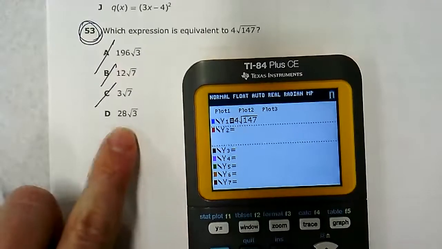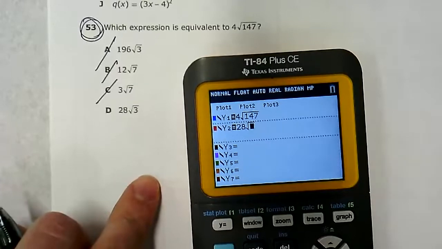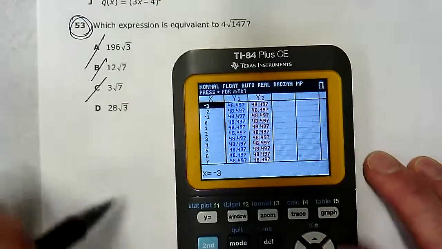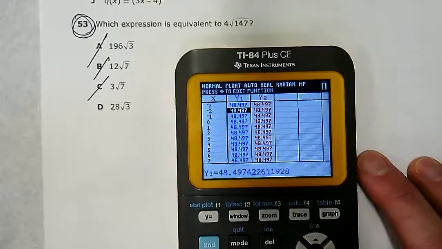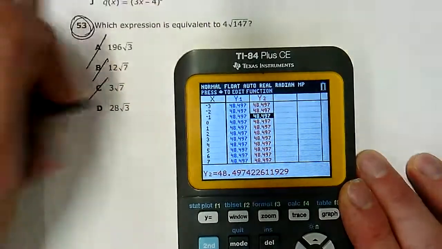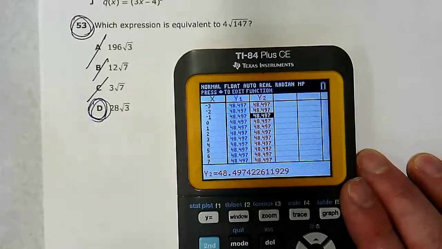Last one, 28 square root 3. Table. Looky there, it's the same. So 4 square root of 147 and 28 square root 3 are the same.